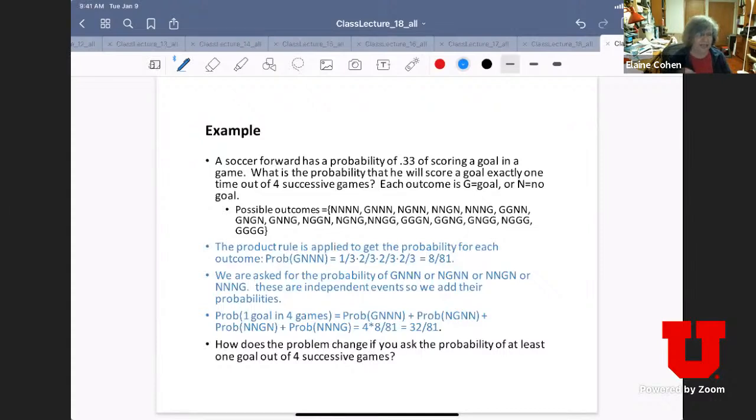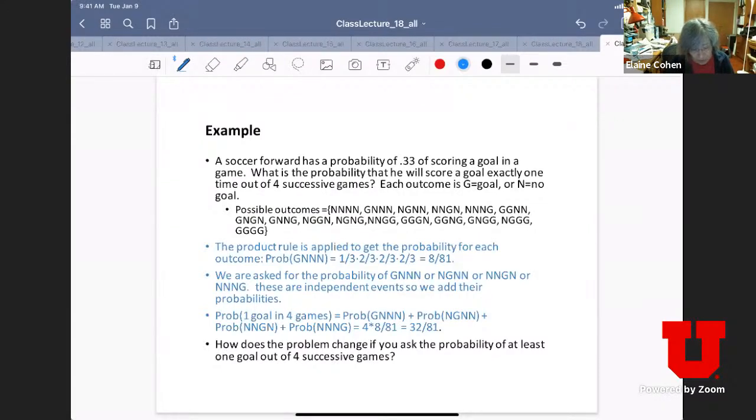I can have no goals, I can get 4 goals, and I can get 1 goal 4 different ways. I can get 2 goals a bunch of different ways, 3 goals 4 different ways, and 4 goals 1 way. So I get all these spaces here. Okay, that's my sample space.